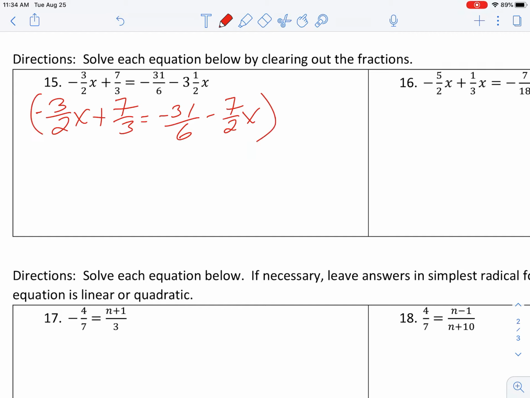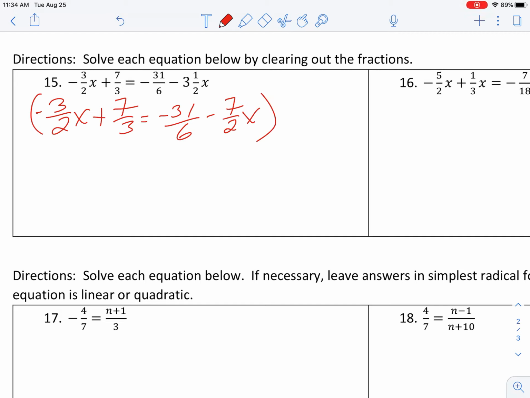And now we're going to multiply this entire equation by what number? What number is going to clear out these fractions for us? So I look at the denominators. The denominators I see are 2, 3, and 6, and another 2. So what number can 2, 3, and 6 all divide into nicely? That's the number we're going to multiply through by.